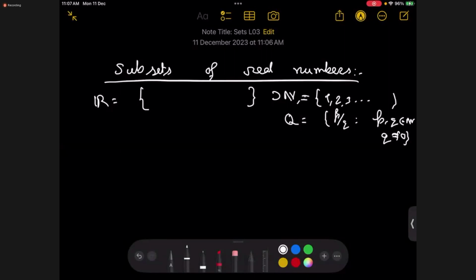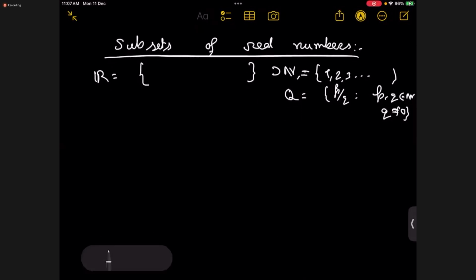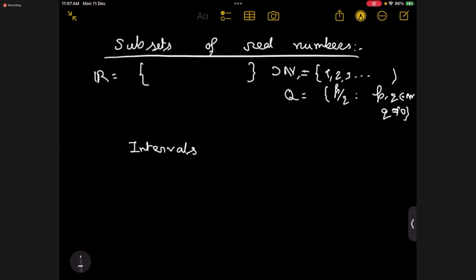So these are all subsets of real numbers. But there is a special kind of subset of real numbers, like intervals. So what do we understand by the term intervals?